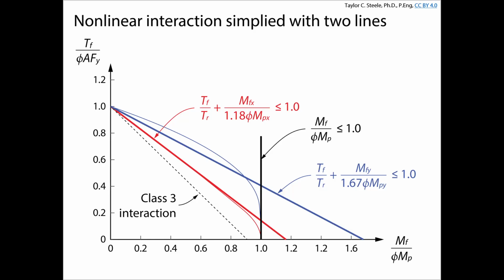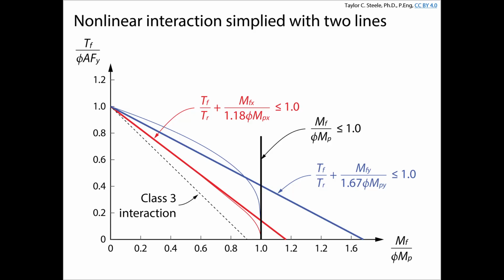Do you think that's acceptable? It sounds bad, right? We're overestimating the resistance. But if you consider the limit states design philosophy, which states that on average, we expect the probability of failure to be less than 0.01% or 0.1%, I forget what we said, but we have a certain reliability index.